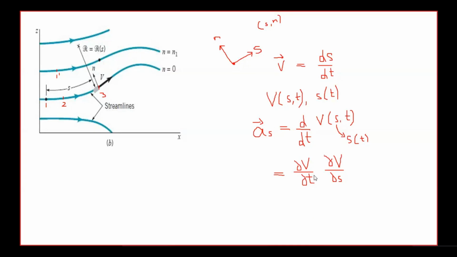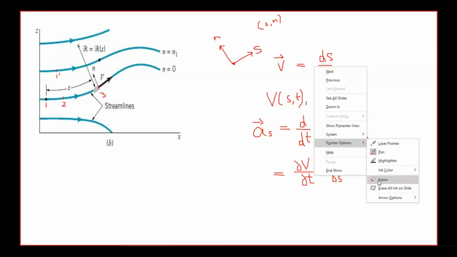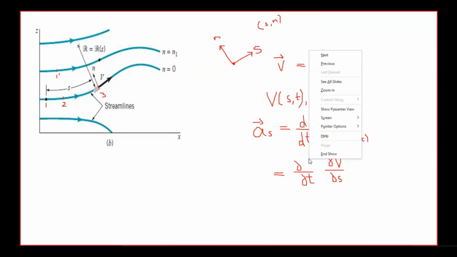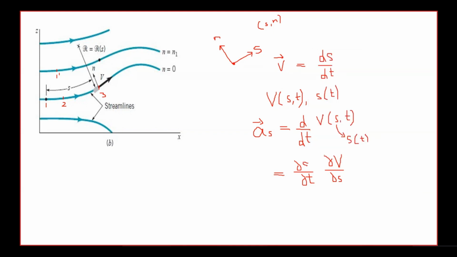Sorry, here I've written not the velocity, but the differential of s with respect to time: partial s by partial t into partial v by partial s. Clear? Yes. So partial s by partial t is basically velocity, and this is partial v by partial s.